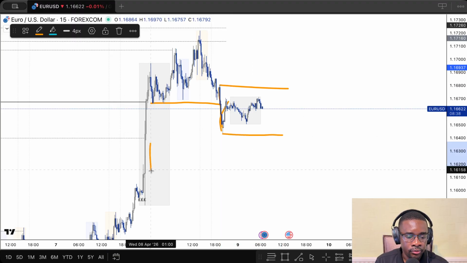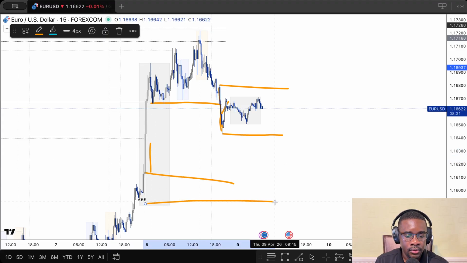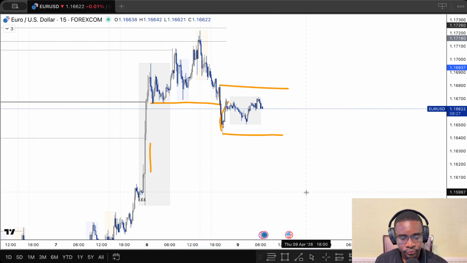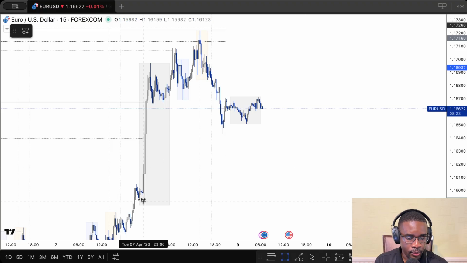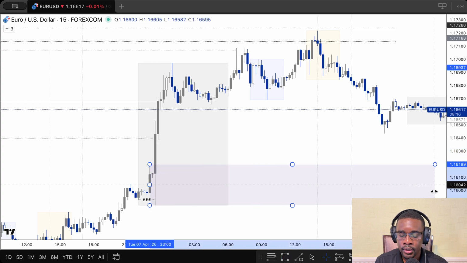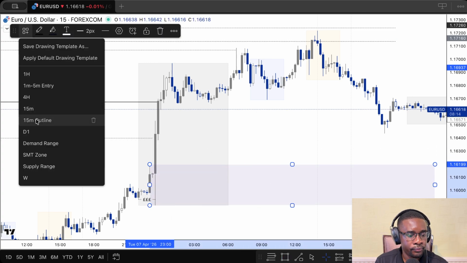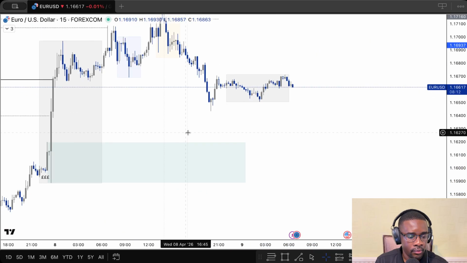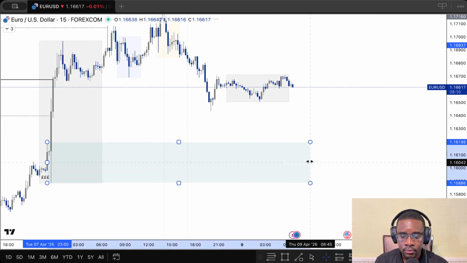We also have this gap that needs to be filled, and potentially this demand at the bottom there. So I could be waiting for price to come into any of these areas at the bottom, just here.